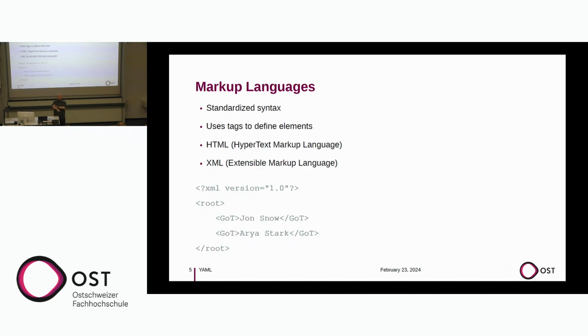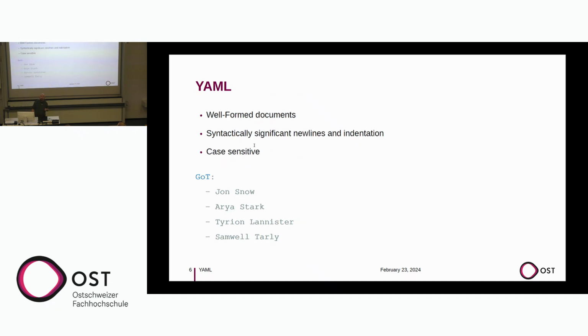Markup languages, I'm sure you have had a lot of them already. We have, of course, HTML and XML, and they focus on tags, defining elements, and marking up how the document should look. I'm not a big XML fan. For me, it's hard to read. So I like YAML. It's simple most of the time, well formatted.